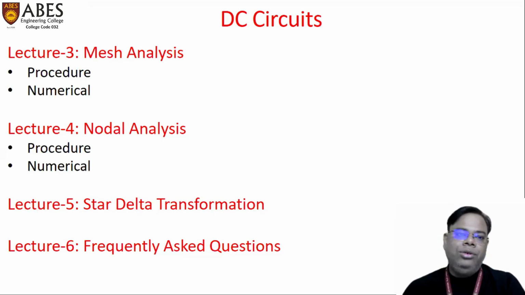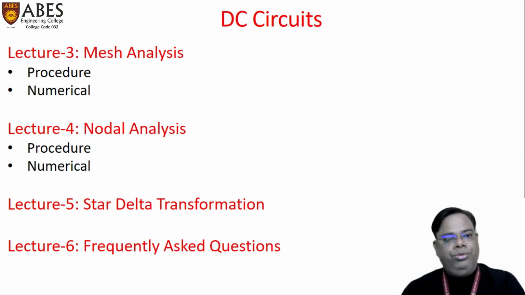In lecture number 4, the second important method is the nodal analysis method. The nodal analysis method is based on KCL, while the mesh analysis method was based on KVL. In the nodal analysis method, again, we will try to explain the procedure with the help of numerical.